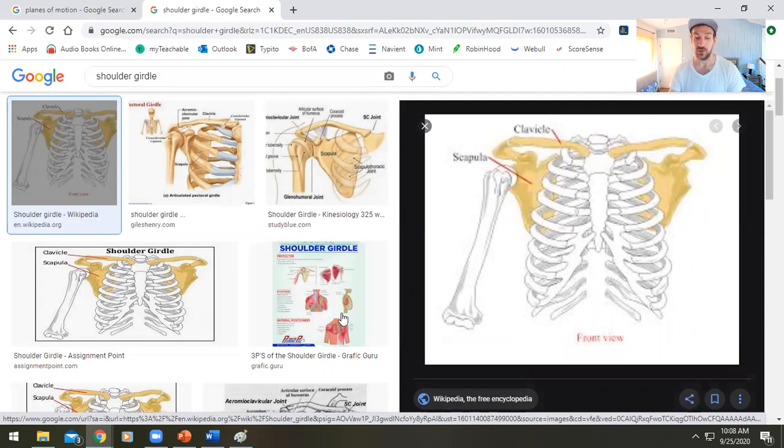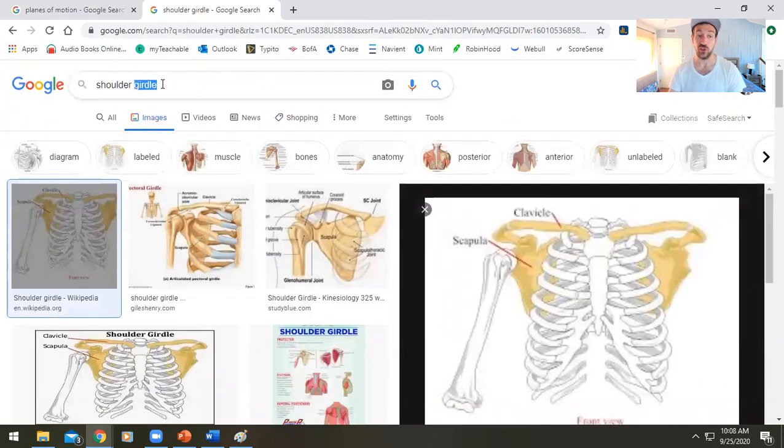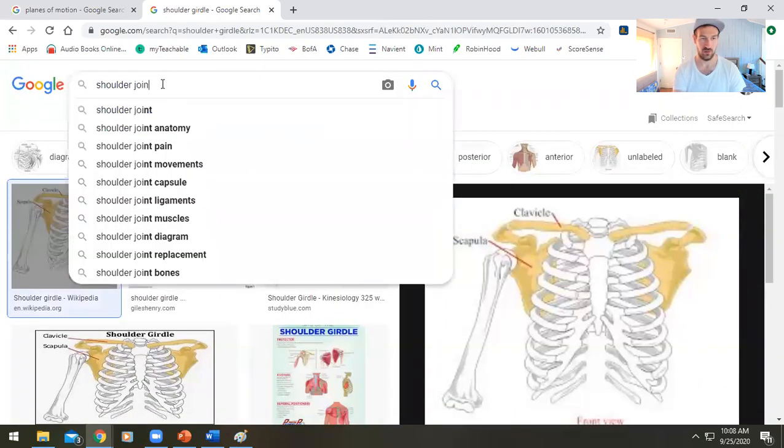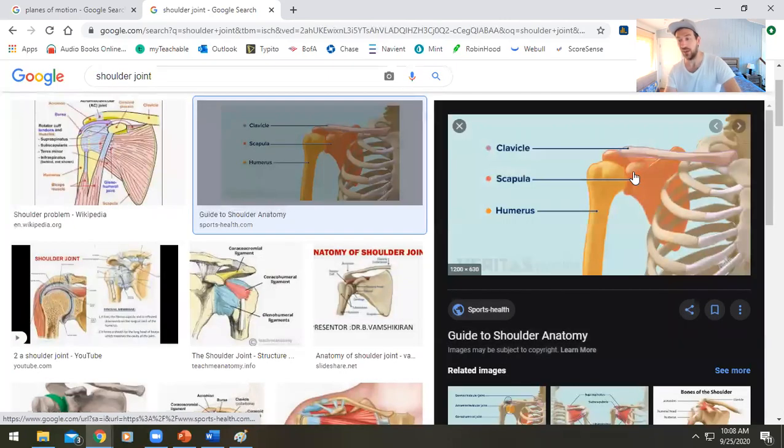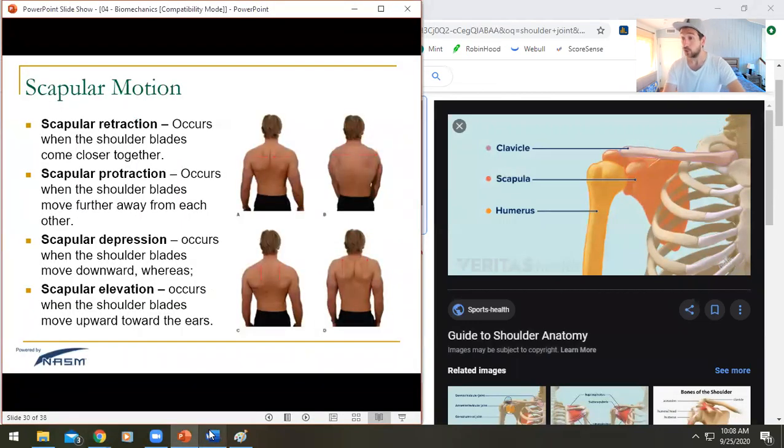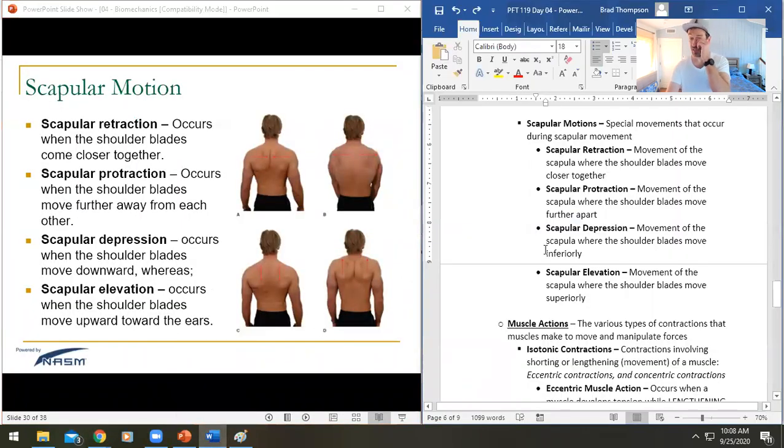And there's a difference between that and your shoulder joint, which is the actual shoulder joint that you're thinking of. It's where your scapula meets your humerus. So this and this are different. And this takes a beating. It is often where you hear about shoulder impingements, labrum tears, shoulder dislocations, right?